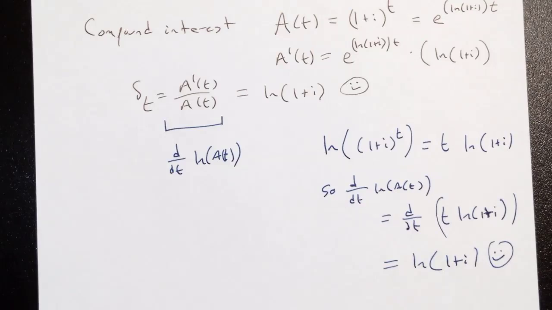If I know the force of interest, by the way, force of interest can be manipulated and constructed. You can create investments that have particular force of interest. I can describe an investment's growth using an integral because this is the rate of growth. By definition, the net change is the integral from a to b of the rate of change.